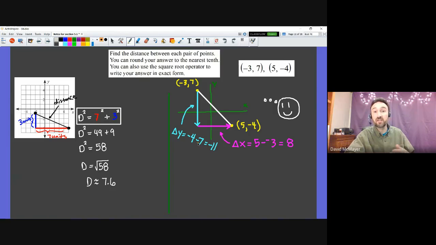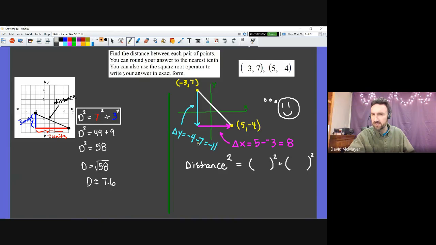I want to measure the distance between the y values as well, so I'm looking at y equals 7 and y equals -4. The distance between them, directional distance would be -11, but I could think of this distance as just 11 as well. I need to put this into a little bit of a formula.